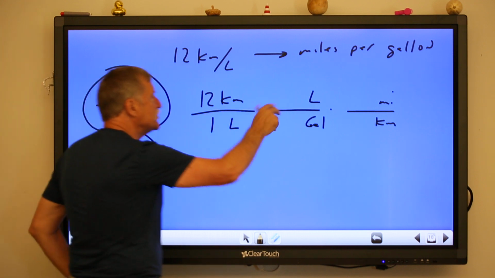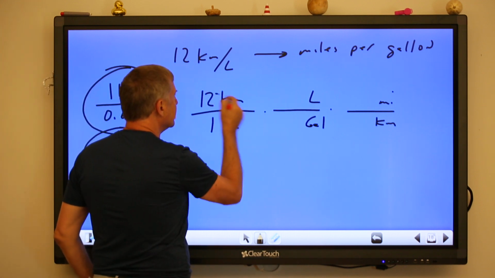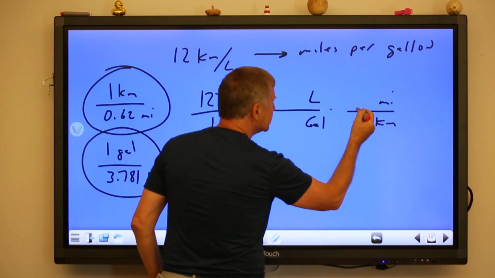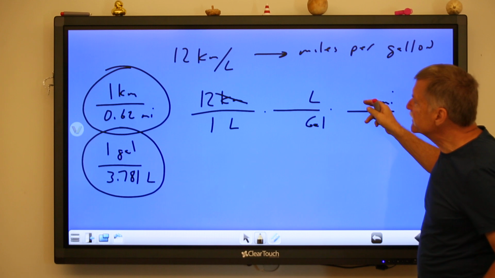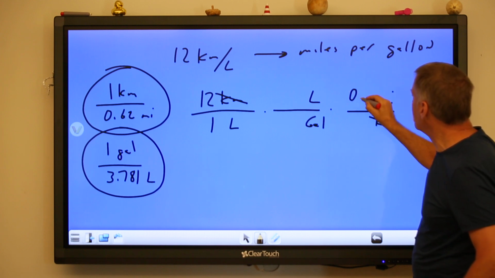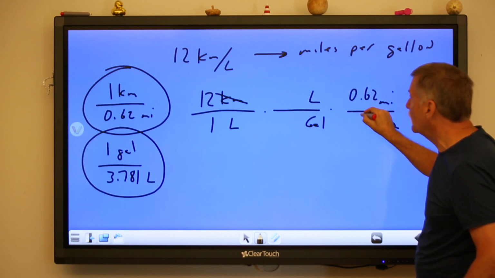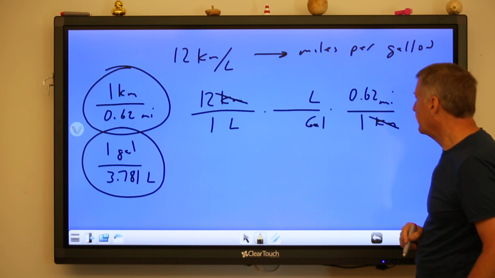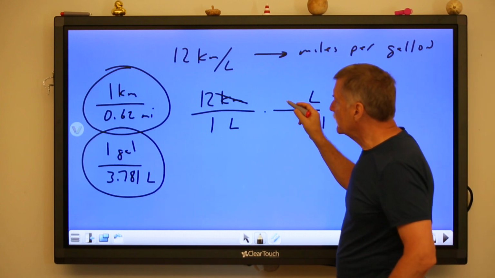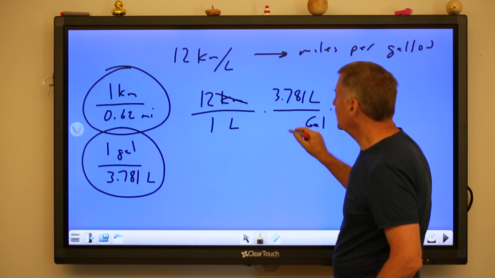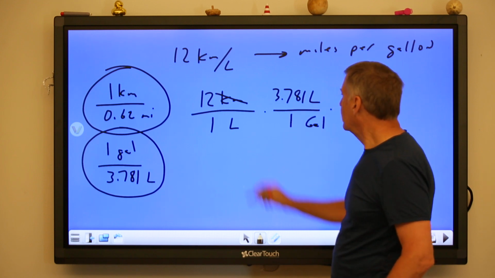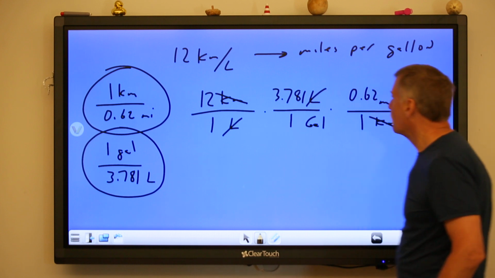The way you tell which one you use is what are you canceling out? Kilometers on top, kilometers on bottom. So I got to use this one that says that there are 0.62 miles in 1 kilometer. And here, liters, 3.781 liters in 1 gallon. And then the liters cancel out.